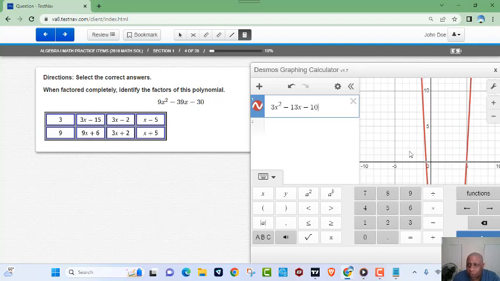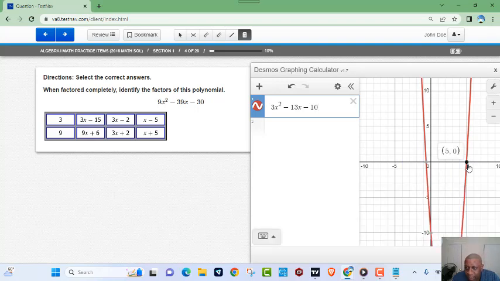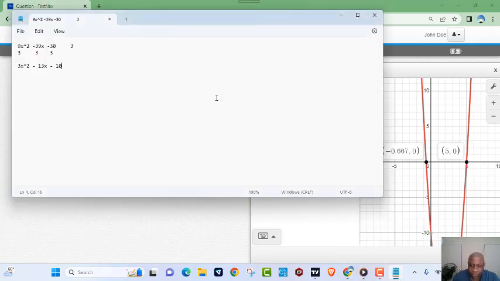Okay, so on the right here, Desmos graphed this for us, and we see that we have an intercept at positive 5 and negative 2/3. So positive 5 and negative 2/3. Okay, so let's deal with the negative 2/3 first.